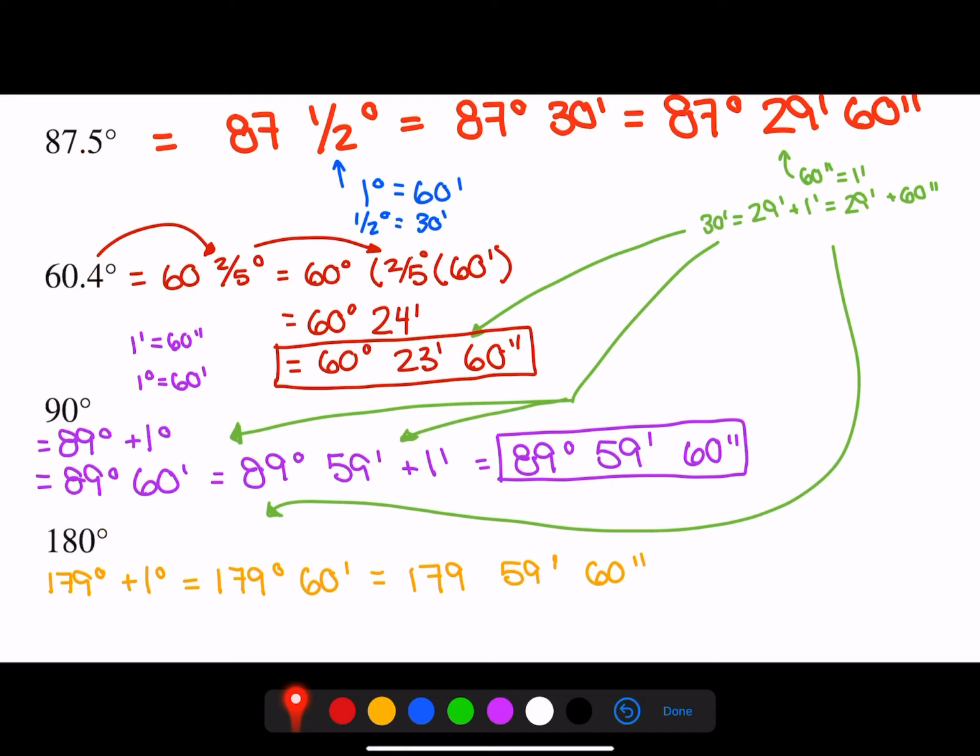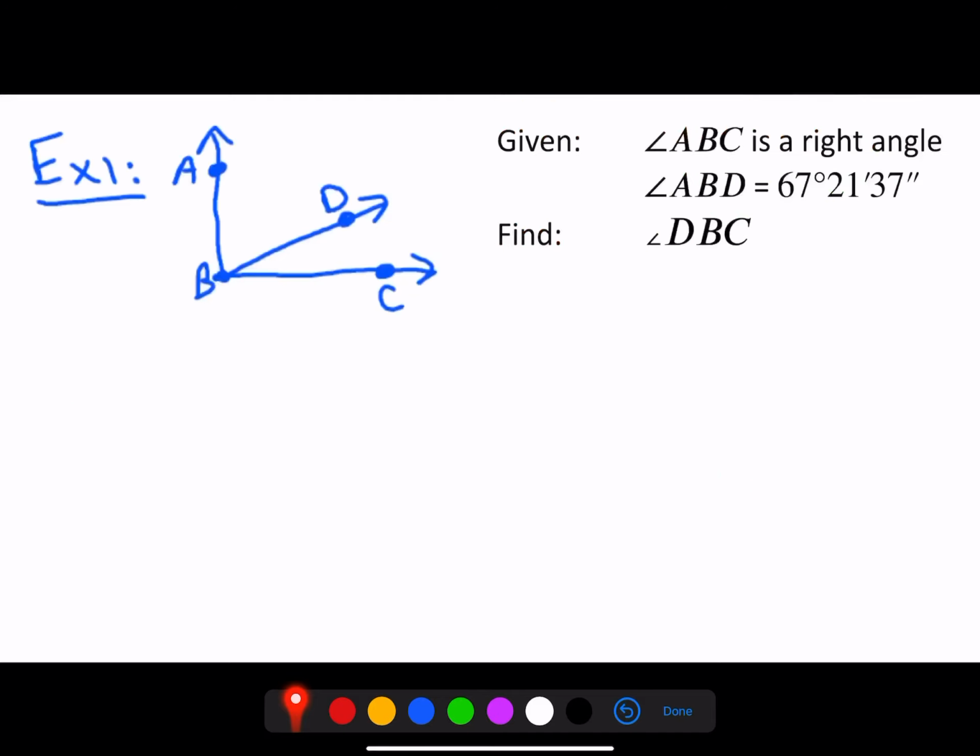All right, so our first problem. Given angle ABC is a right angle, and angle ABD is 67 degrees, 21 minutes, and 37 seconds, find the measure of angle DBC. So first off, we know ABC is a right angle, so I can draw that in. There's my right angle right there.